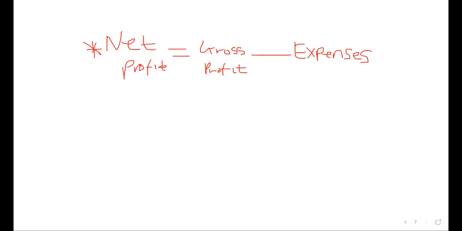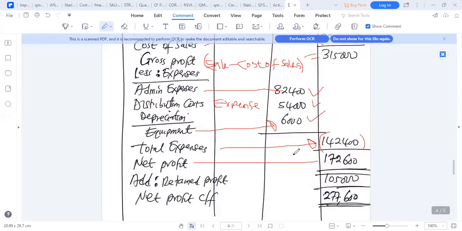All right, then. So under this net profit, you should add the retained profit from the other year, or the opening balance.